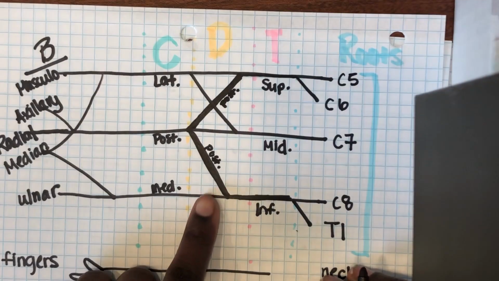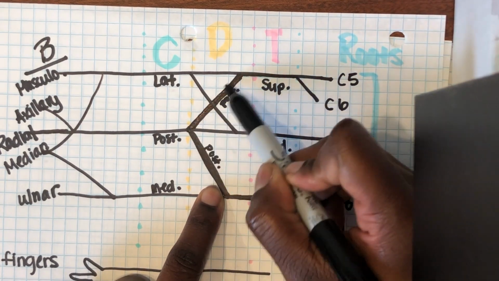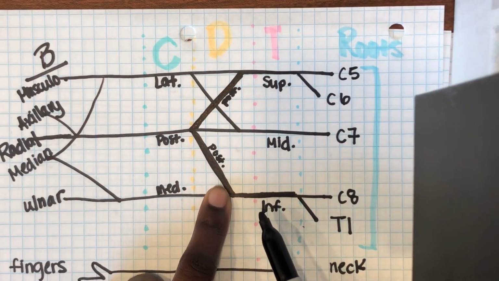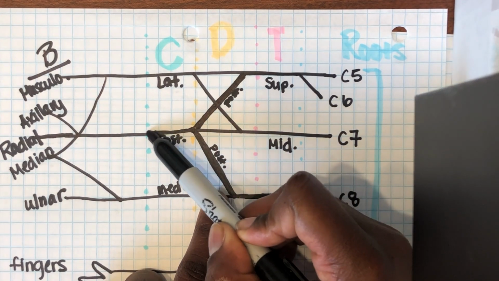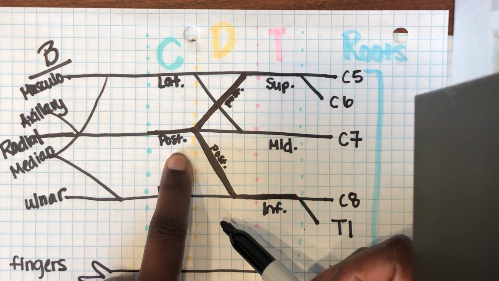It's kind of hard to see in the marker, but these are our posterior divisions. This one here and this one here. The reason we can remember that they are posterior divisions is because they're going to enter into our posterior cord that we already drew, okay?